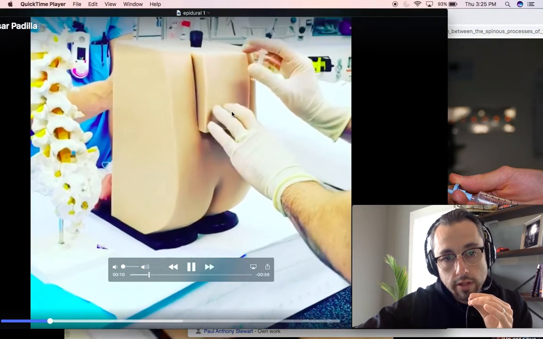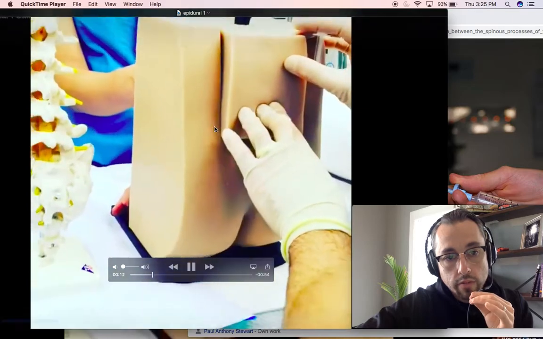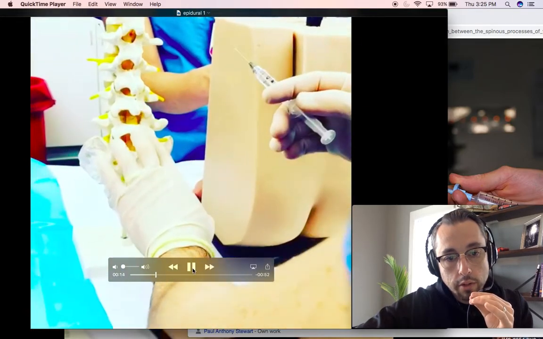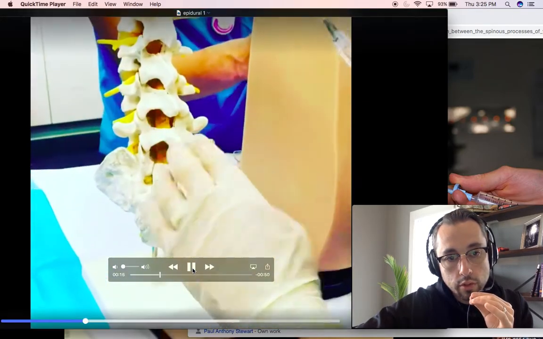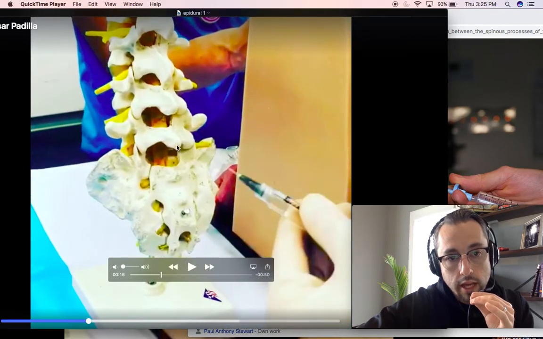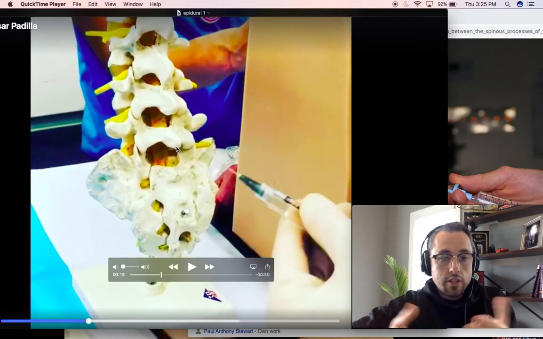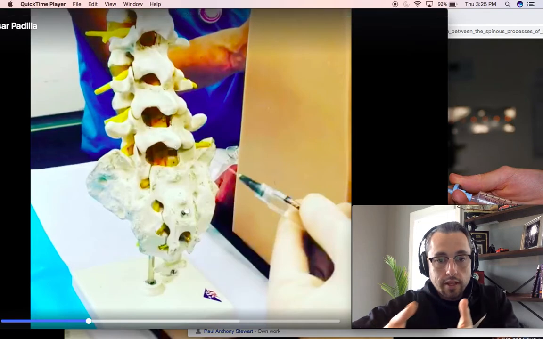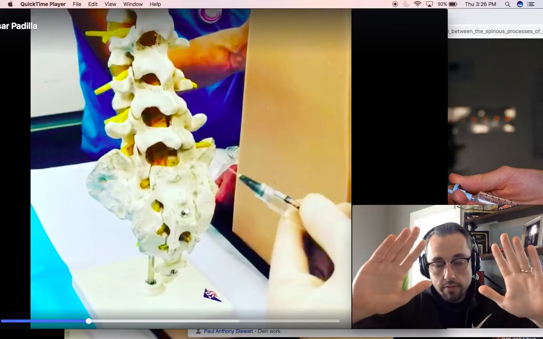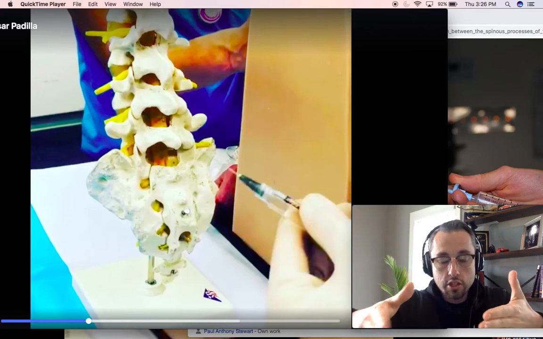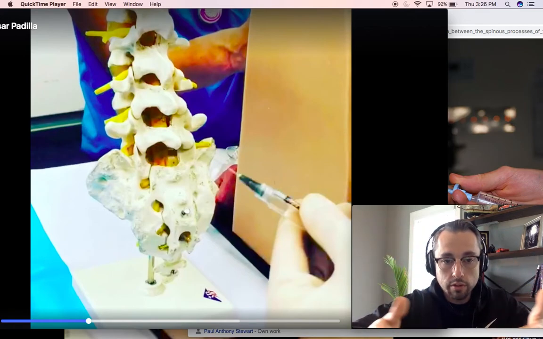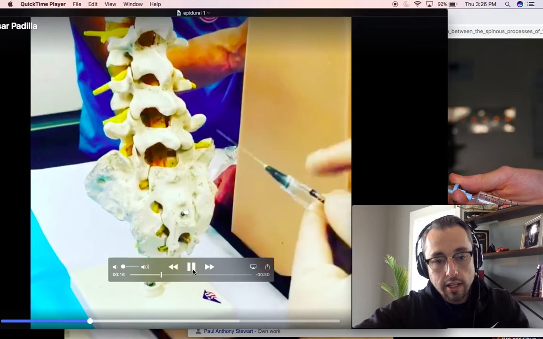So what I'm doing is I'm feeling the back. I'm feeling for that spinous process, that bone, that prominence. Imagine you're putting something in: you have skin, and you have to imagine where you're going, and one good way of imagining is by feeling.